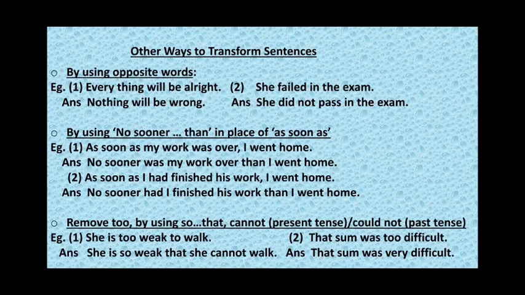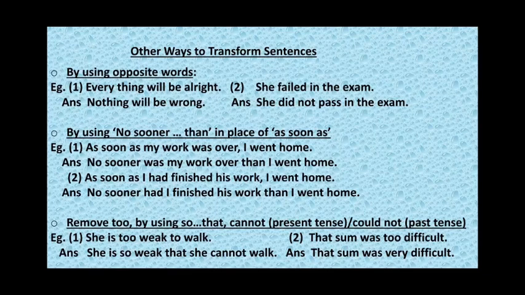Had I. No sooner had I finished his work than I went home. So children, here we have no sooner plus the auxiliary verb plus subject plus the main verb, then the object, then we add than, and then we add whatever remaining sentence is there.